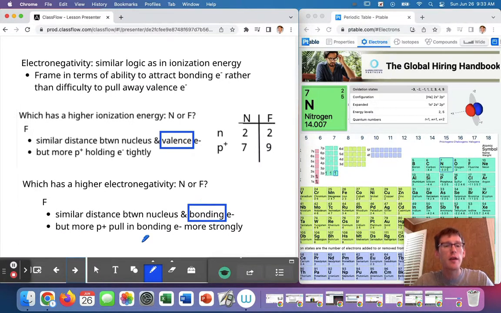They're pretty close. But fluorine has more protons in the nucleus, and those protons have a stronger pull. We're not talking about the pull on the valence electrons. We're talking about a pull on the bonding electrons. That's the only difference. So that's electronegativity.